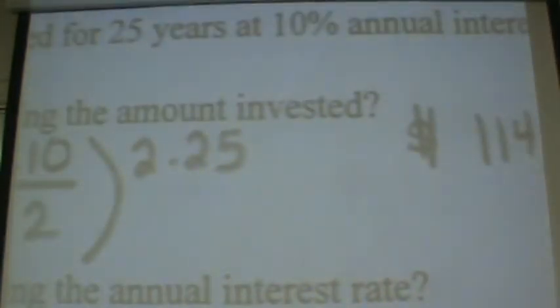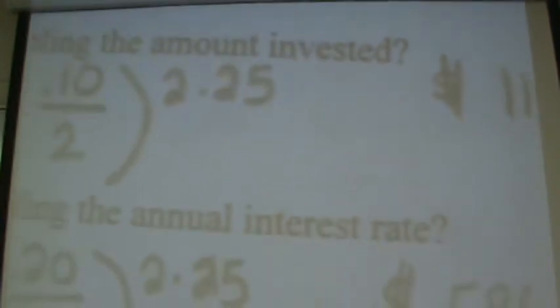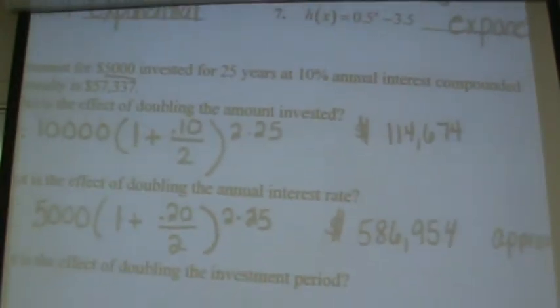Okay, how about C? What if we doubled the investment period? So instead of 25 years, we're going to do 50 years. 25 times 2? We're doubling the investment period.